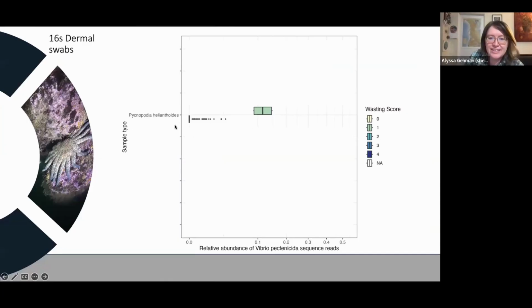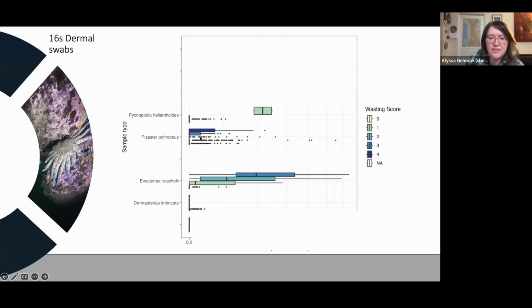And so first, just to show you, if we're looking for VPEC on the surface of Pycnopodia, this is the relative abundance of reads down here. And the colors are how sick the animal is. So first things first, if a pycno is wasting, we do detect VPEC on the surface, as we would expect to.